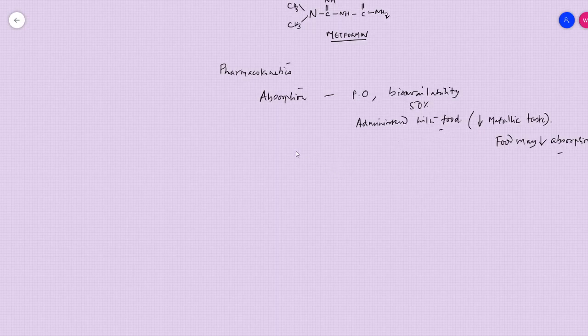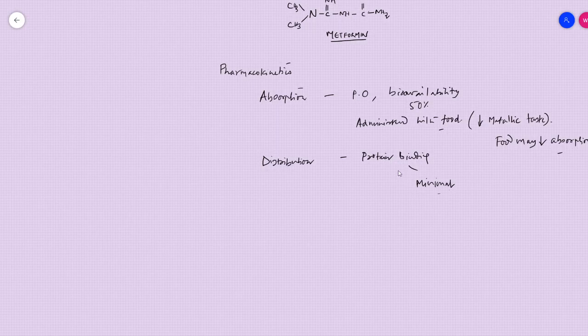Okay, so that's about absorption. Distribution: protein binding is minimal. So it doesn't cause very many drug interactions.